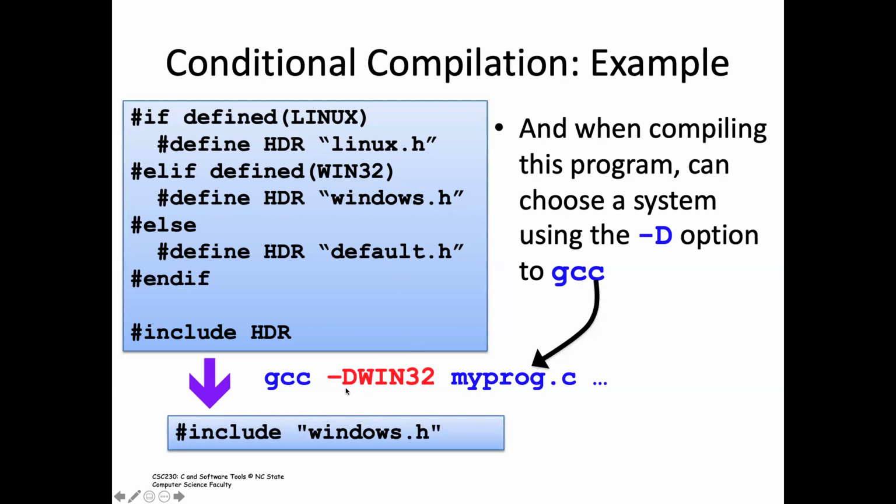You may remember we had the -D NDEBUG macro for turning off assertions. That was really the same option. It's just to turn off assertions, we had to define the NDEBUG symbol. And we did that with -D NDEBUG.